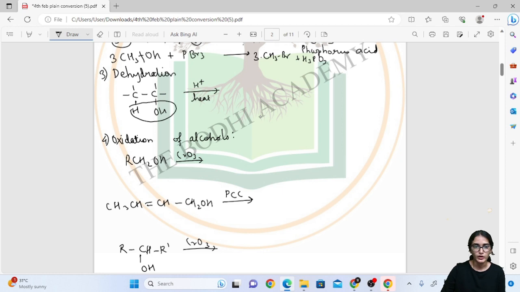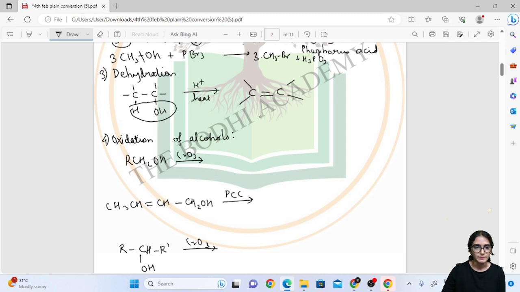We get the product with carbon having 2 hydrogens on either side, and we are left with 2 hydrogens after the loss of the water molecule. To complete the tetravalency, we have to write the double bond. So the formation of a double bond will take place, and from alcohol we will have alkene.